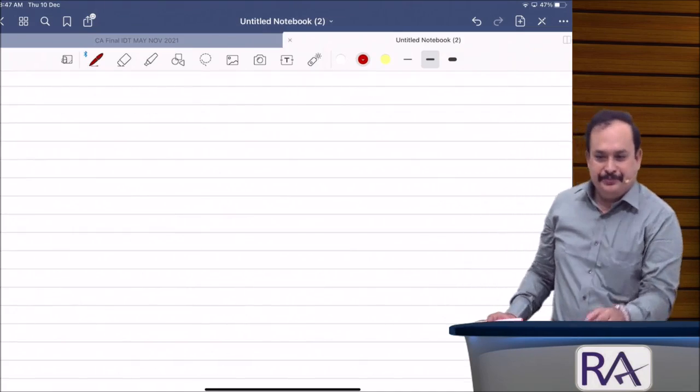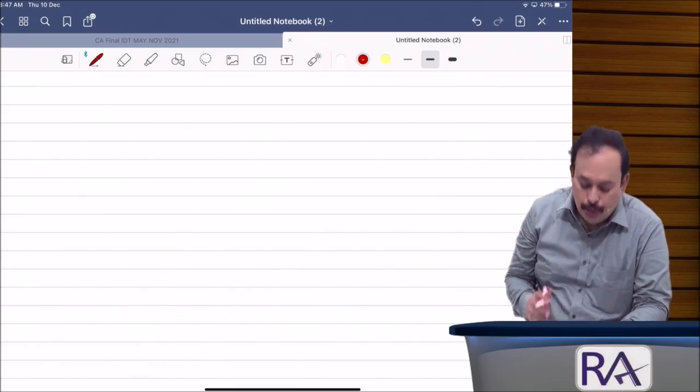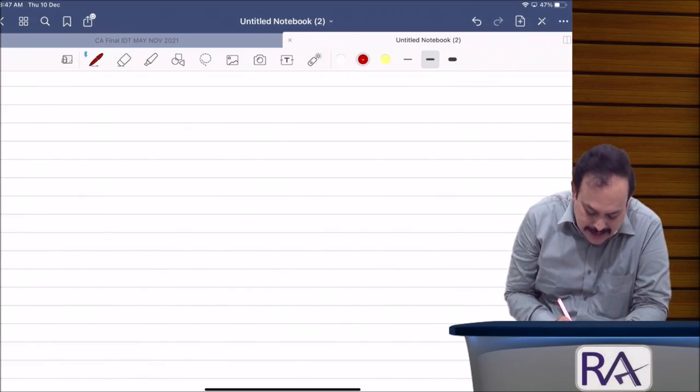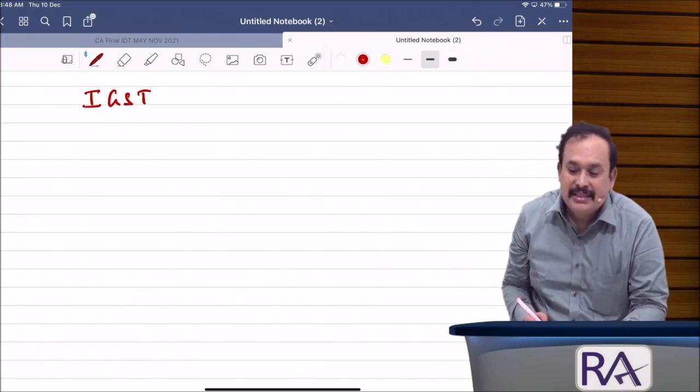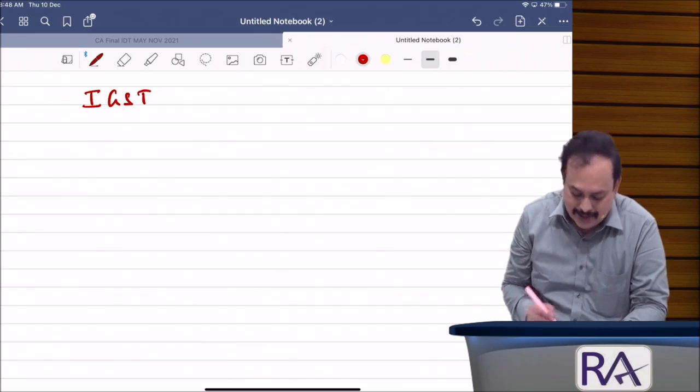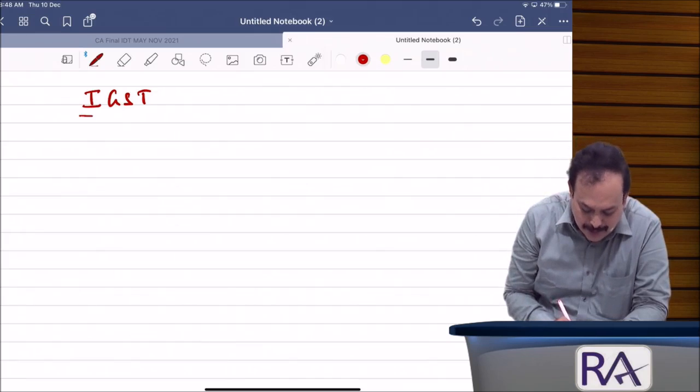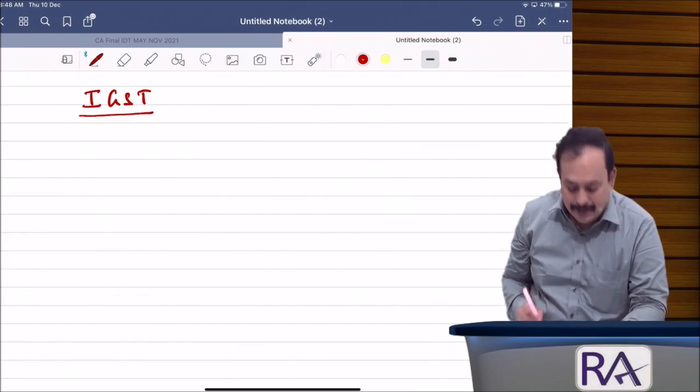Now listen, sir. Now explaining to you how the IGST is apportioned between state and central is the explanation I am presenting here. Now listen, sir.